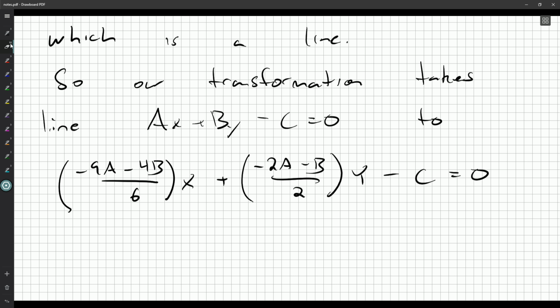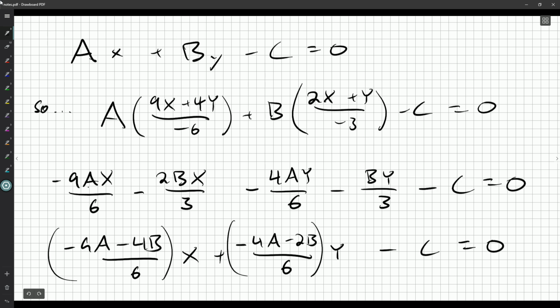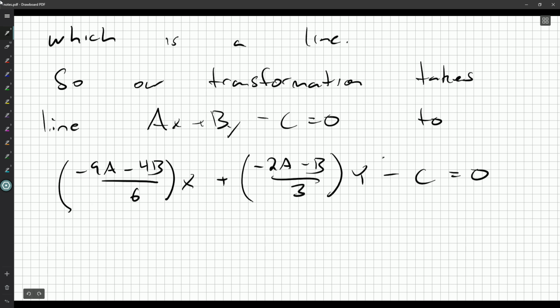Sometimes these software things are buggy. Okay, but we just get a new line there. That's all you need to describe a line, just put it again in general form. Okay, that's the first one. We took a line, and we always take a line to another line.